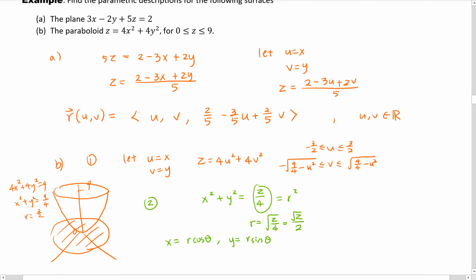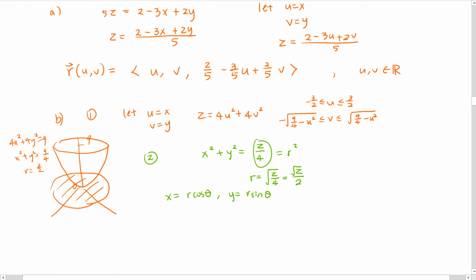So far, so good, everybody? One way is we can let u be theta and v be r. In this case, x will be v cosine u and y will be v sine u. So far, so good?